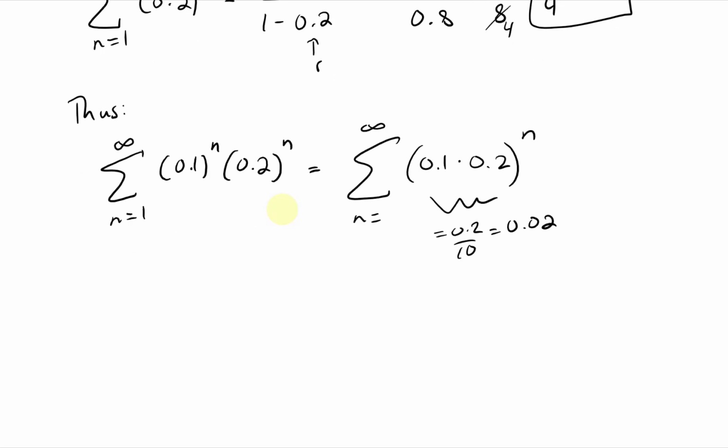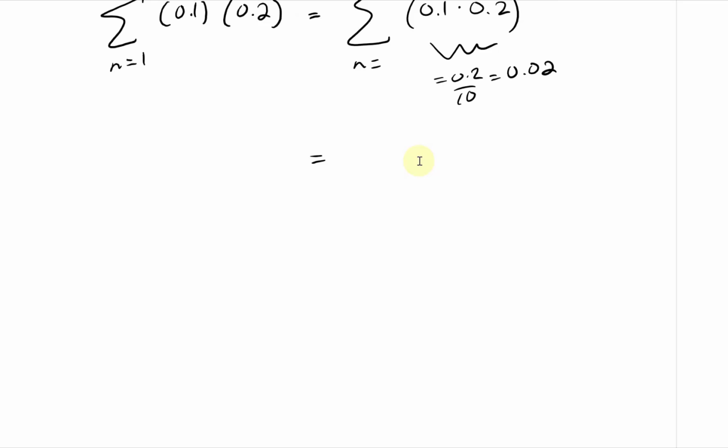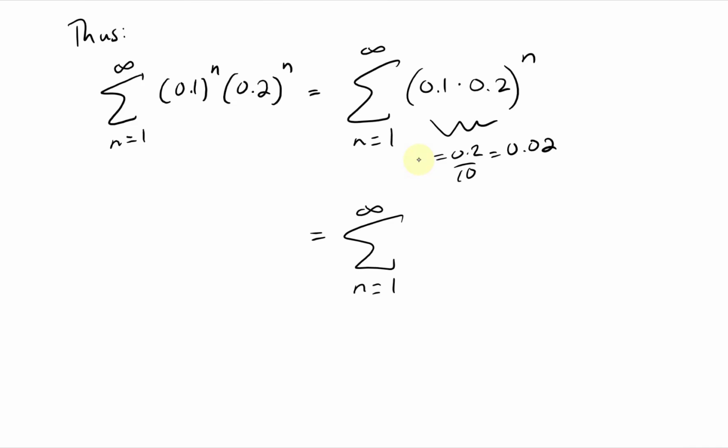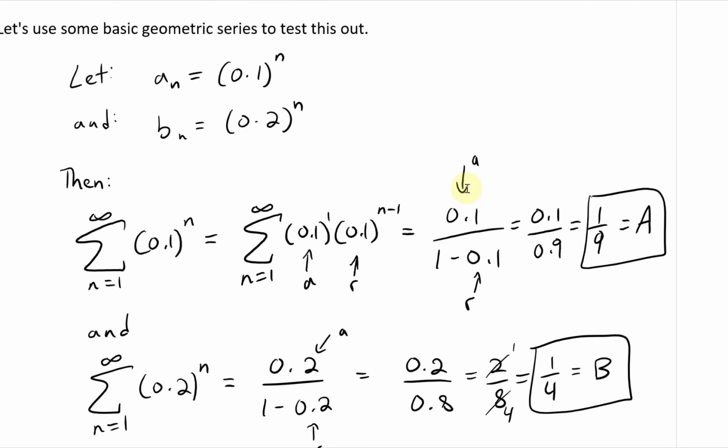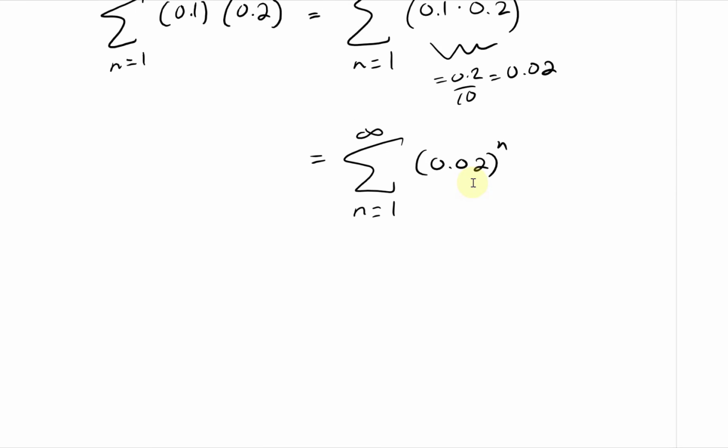So again, it's going to be another geometric series: the summation from n equals 1 to infinity of 0.02 to the power of n. Now we can do the same thing with the geometric series sum, a divided by 1 minus r. Here 0.02 is our a, and it's also our r.